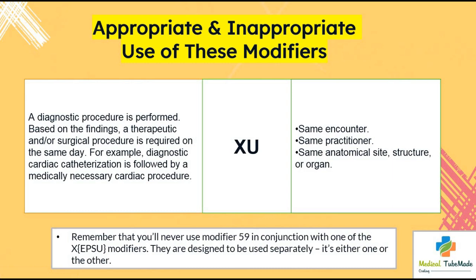Here the scenario is that a diagnostic procedure is performed based on findings, and a therapeutic and surgical procedure is required on the same day. For example, diagnostic cardiac catheterization is followed by a medically necessary cardiac procedure. So here you can see they mention that the therapeutic and surgical procedure is required on the same day.